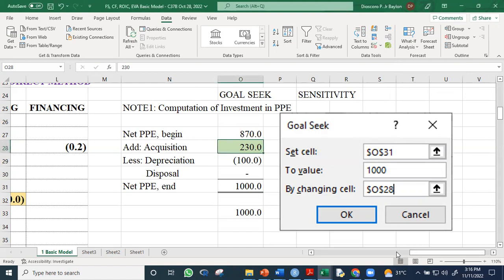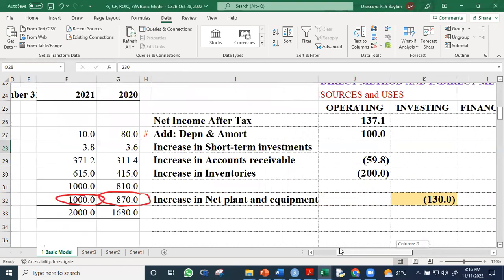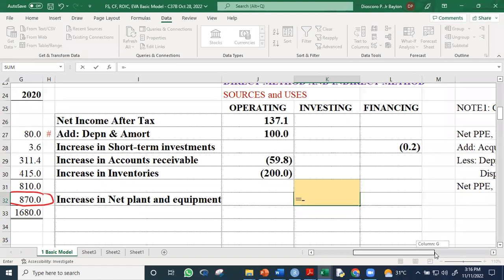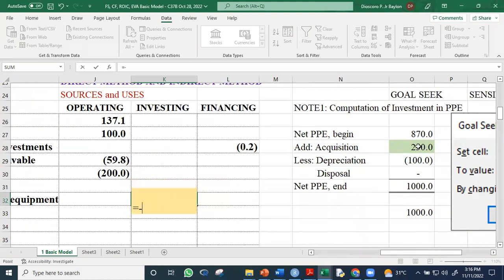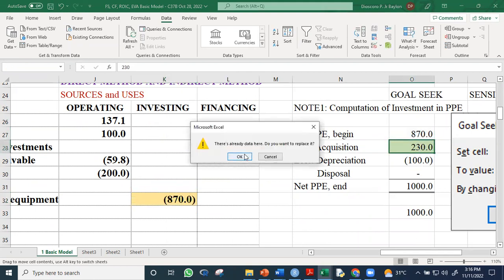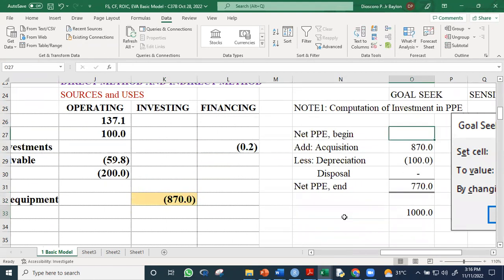Okay, so now we can now change our pro forma template for the statement of cash flows. So this is not 130. This should in fact be negative. So based on the acquisition, oops, negative. Okay, so negative, wait, Control Z, there.